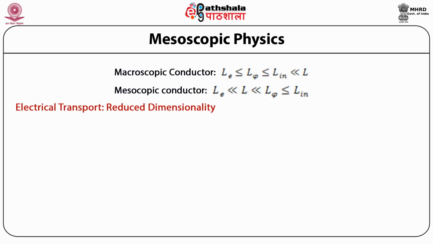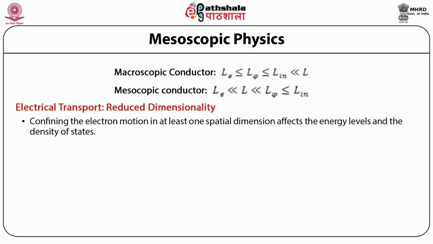So the electron transport depends upon the reduced dimensionality, which is clearly shown in this figure, that if we are confining the electron motion in at least one spatial dimension, it affects the energy levels and the density of states.